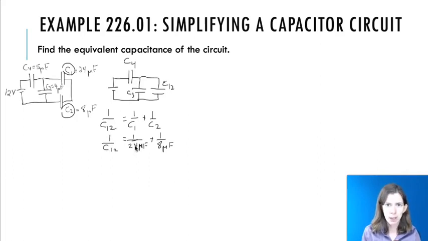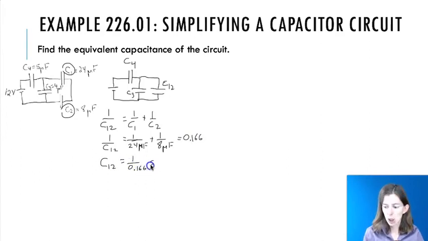When you plug in 1 over 24 plus 1 over 8, you're going to get 0.166. But remember that that's not the final answer because you have to take the reciprocal to get C12 by itself. So C12 is 1 over 0.166, which gives us 6 microfarads.